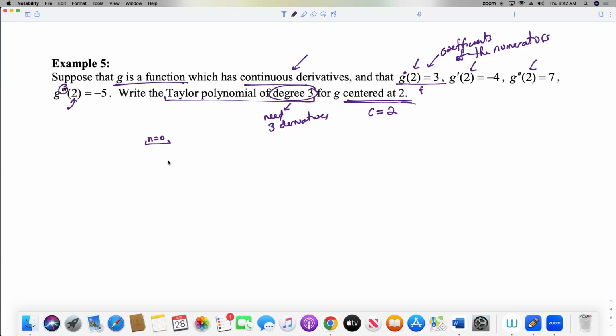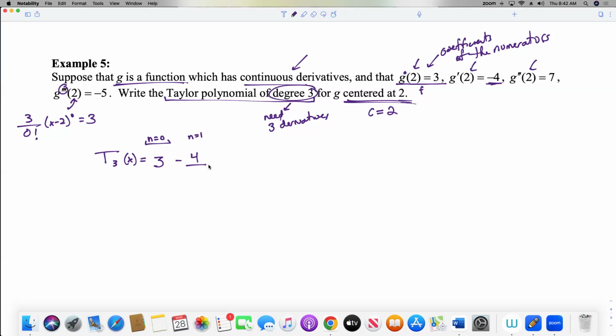So I can just write 3, and I know that that is correct, because 3 over 0 factorial times x minus 2 to the 0 is just going to be 3, and that will be the case every single time. So let's call this our Taylor polynomial of the third degree of x, and that is going to be equivalent to 3.